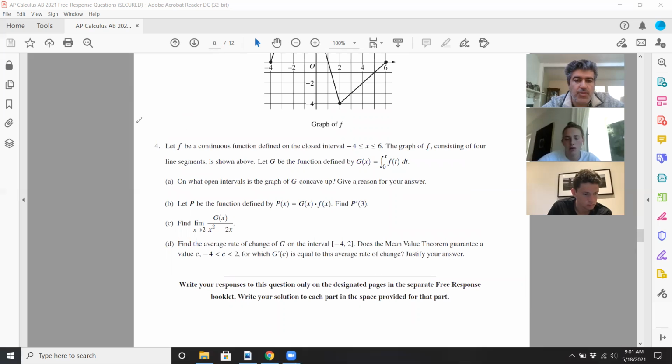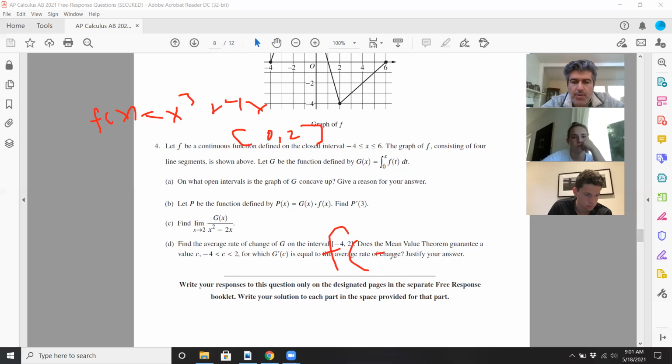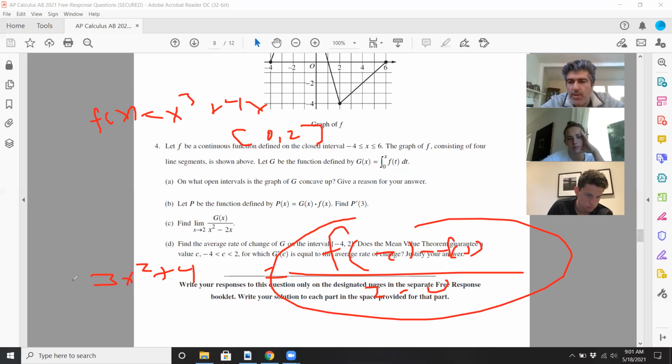So if you're given an actual function, like let's say f of x equals x cubed plus 4x, and you want to do this from 0 to 2, then you do f of 2 minus f of 0 over 2 minus 0, which we did in the problem anyway. Then you take the derivative, which we can't really do here because we don't know what the function is. But you take the derivative, work out this number and set it equal to 3x squared plus 4. Okay, that makes sense.